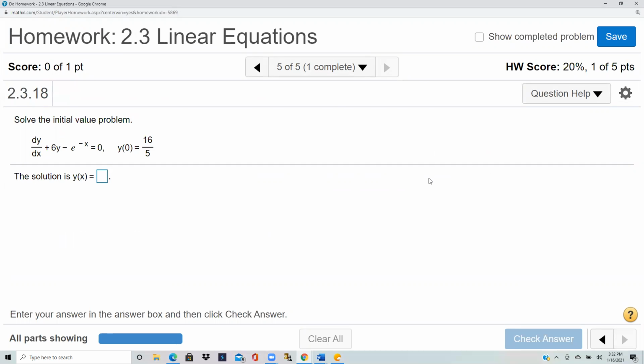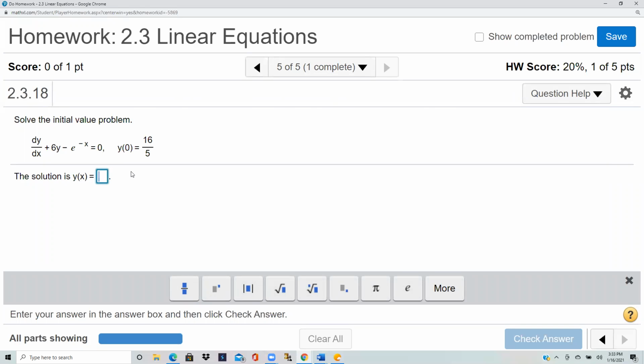This is a very similar problem, but let's do it. dy over dx plus 6y. So first of all, we put it in the form. So you have dy over dx, we write it as plus. Remember, the form is plus y times a function of x. So it'll be y times 6. Now, 6 is a constant, but any constant can also be considered a function of any variable.